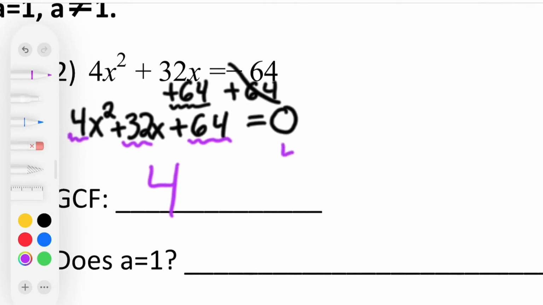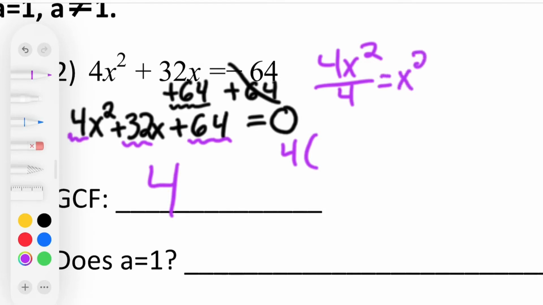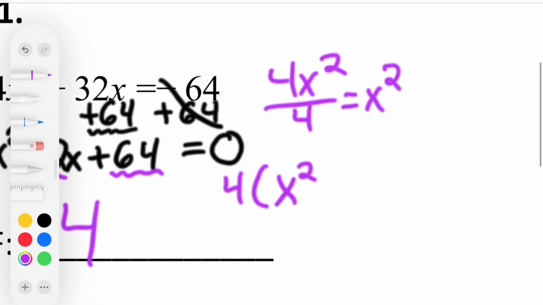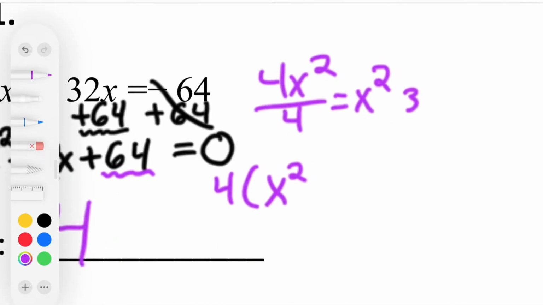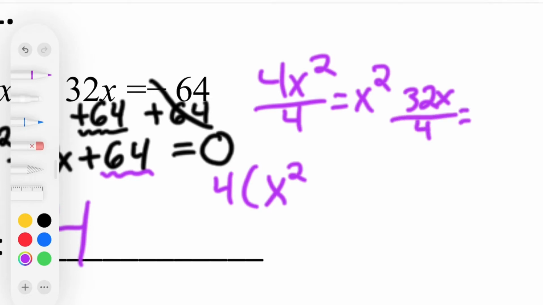So if we take out 4, we're going to have 4 times 4x squared, which is the first term, divided by our GCF, which gives us x squared. Then we have our positive 32x divided by our GCF, which gives us positive 8x.